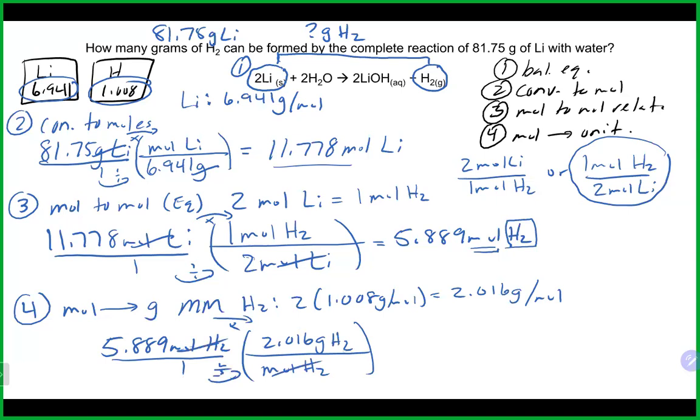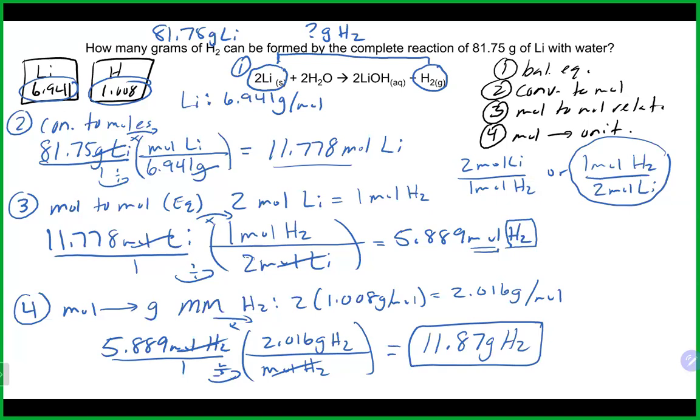Those are going to cancel, and that's going to get us 11.87 grams of hydrogen in this particular case. So hopefully you can start seeing a pattern here. It is just those 4 steps. It will get you to the end if you just follow them along the way.